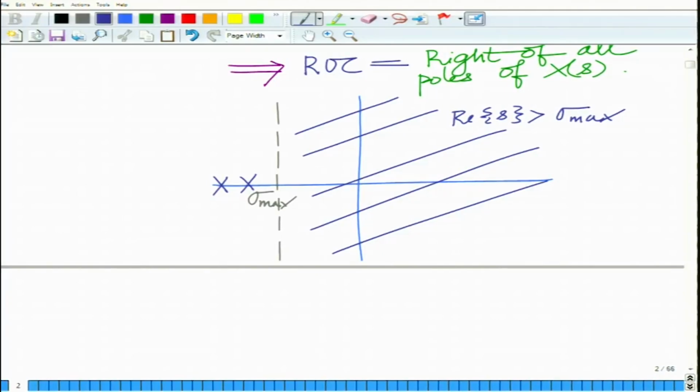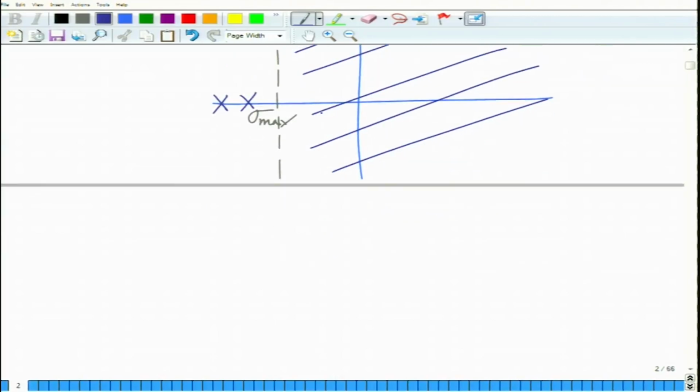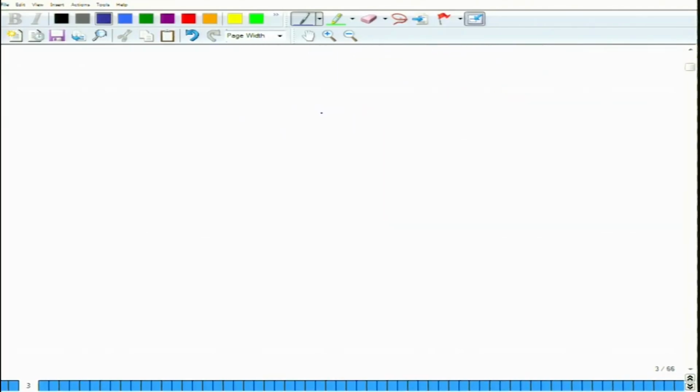This is the line real part of s equals sigma max, and of course, this line itself is not included in the ROC. Let us look at a simple example to understand this.